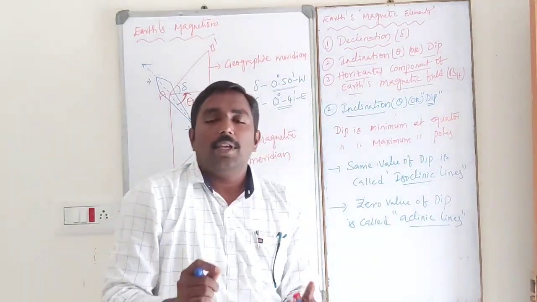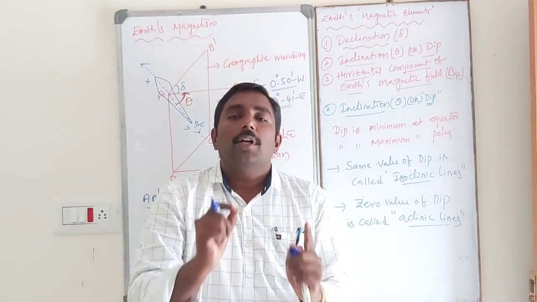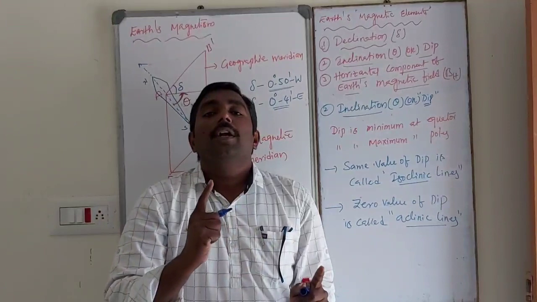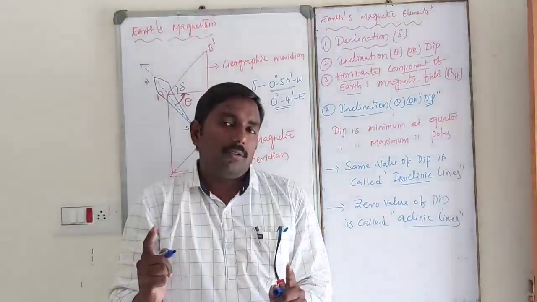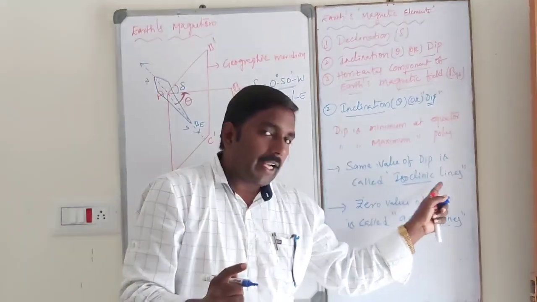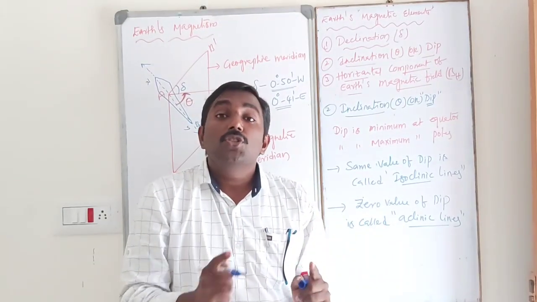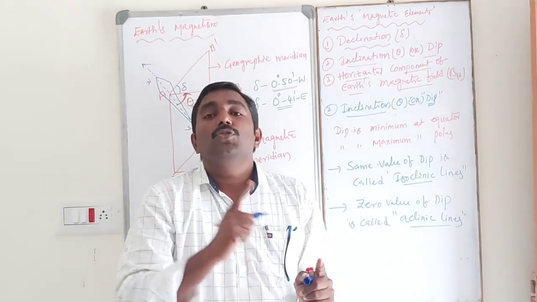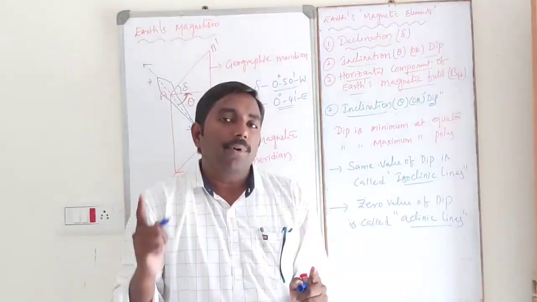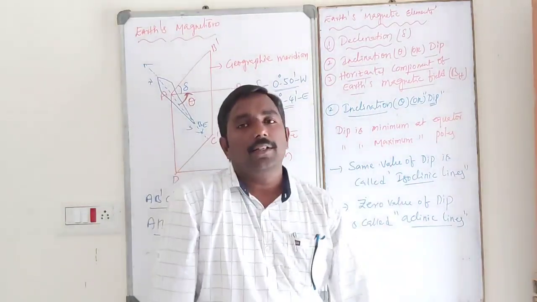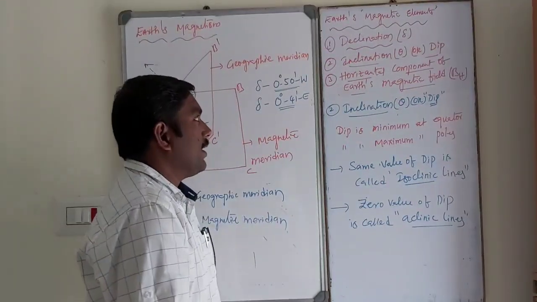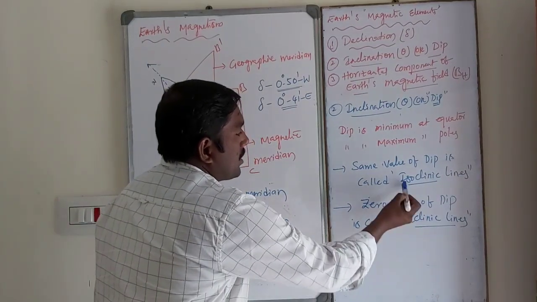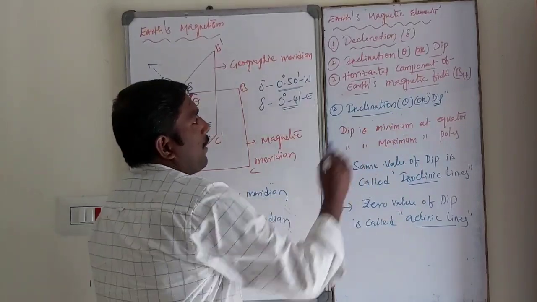isoclinic lines. See, on the world map, the line drawn which is passing through the same value of dip is called isoclinic lines, and the line passing through the zero value of dip is called aclinic lines. Okay, both are very important.